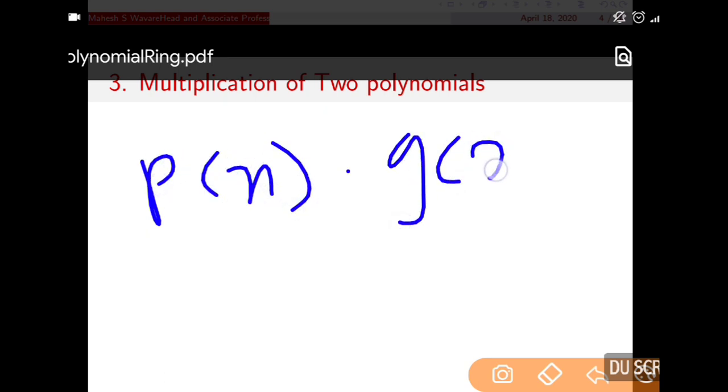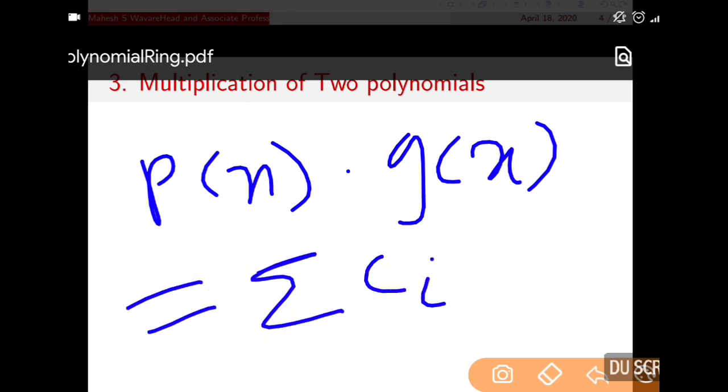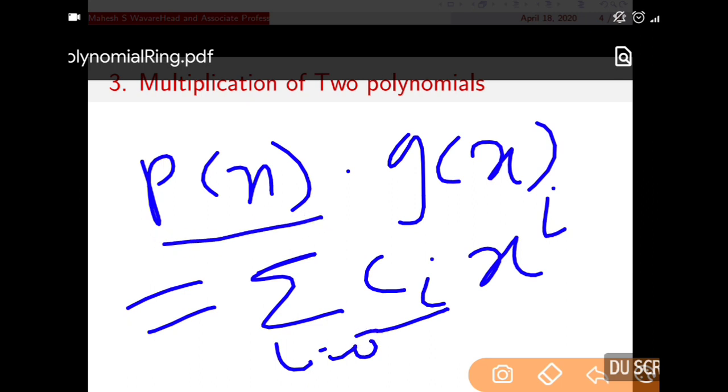Multiplication will be denoted by this, and it is equal to the summation of x raised to i into ci. Now we want to discuss the value of ci. What will be the first coefficient, what is c0? i goes from 0 up to, it depends on the degree. We did not define the degree of the polynomial. It goes from 0 to the sum of the degrees of these two polynomials. So how do you define this ci?